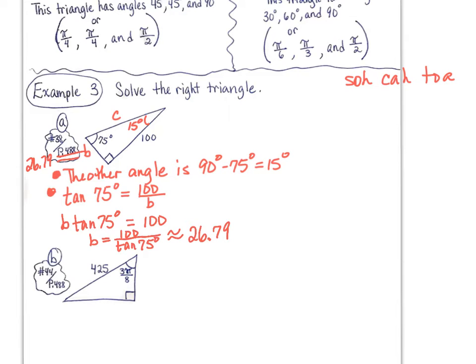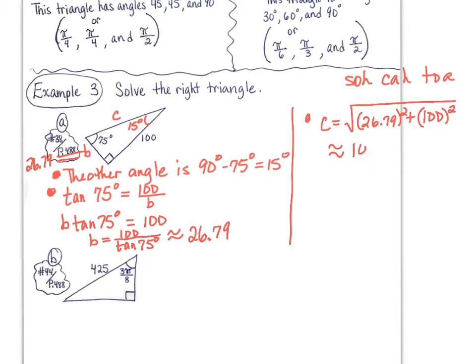So for the hypotenuse, you will have C is equal to the square root of 26.79 squared plus 100 squared. And that's approximately 103.52.